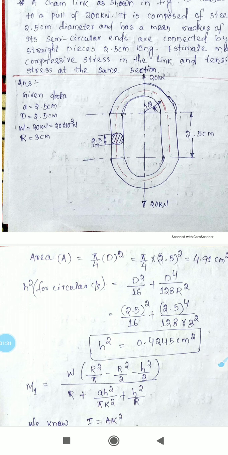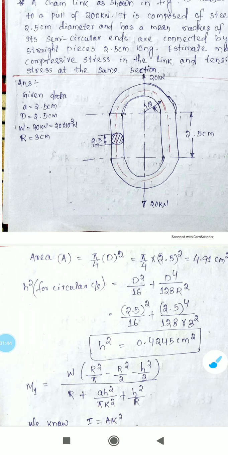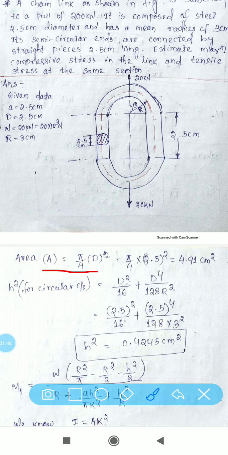So here there is a circular cross section situated inside the chain link. So you follow the procedure for circular cross section. First you have to calculate the area of the circular cross section. Area A is equal to pi by 4 into d square.